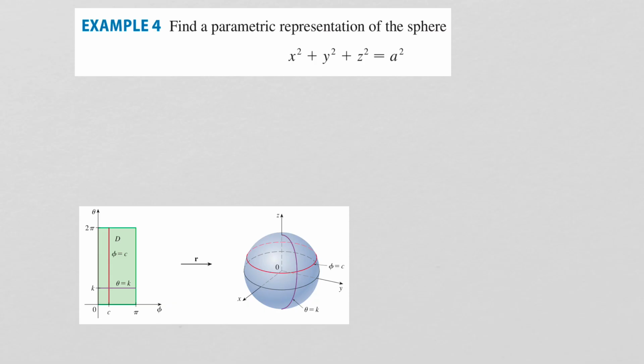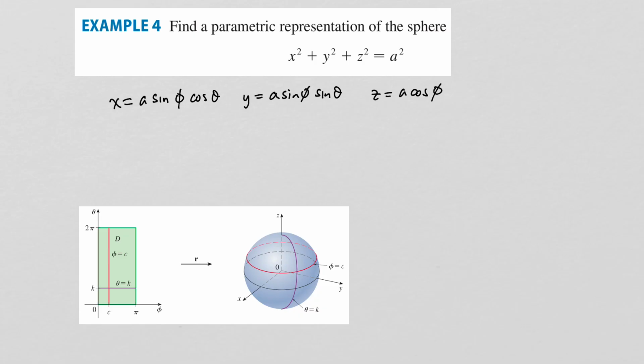So remember, the spherical coordinates: x is equal to rho, which in this case is a, times the sine of phi cosine of theta. y is equal to a times the sine of phi sine of theta. And z is equal to a times the cosine of phi. Now remember, a in this case is a constant. So the parameters here are phi and theta.